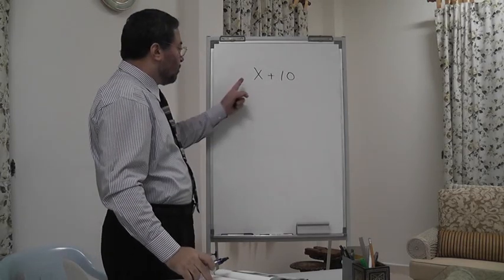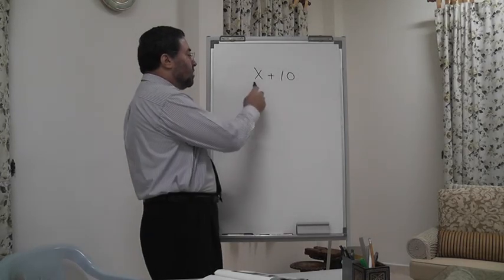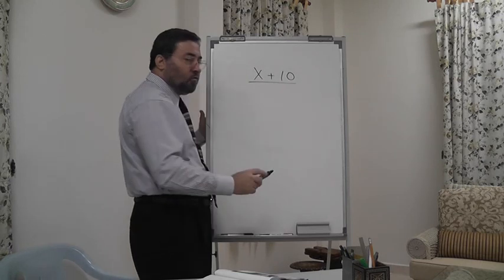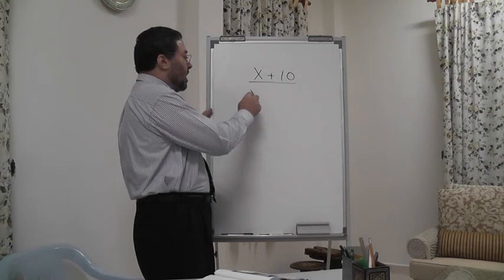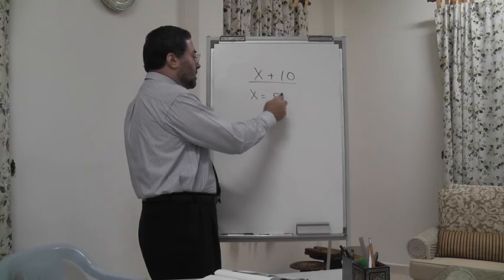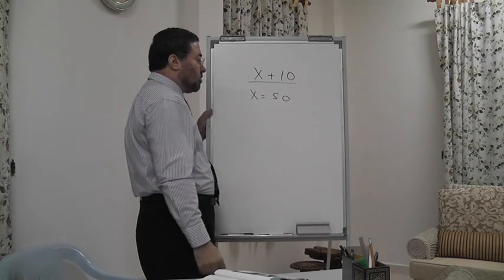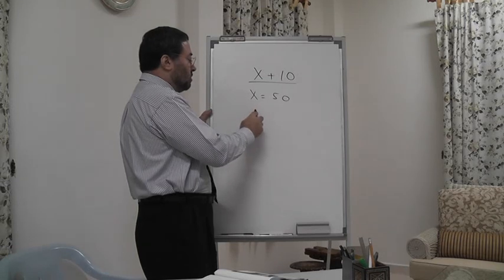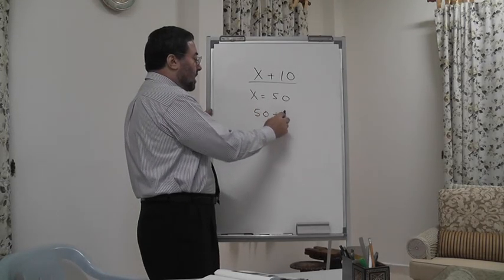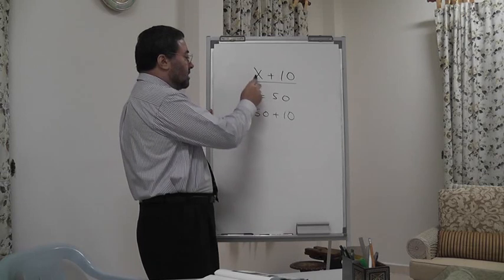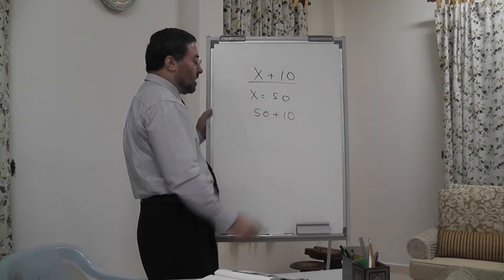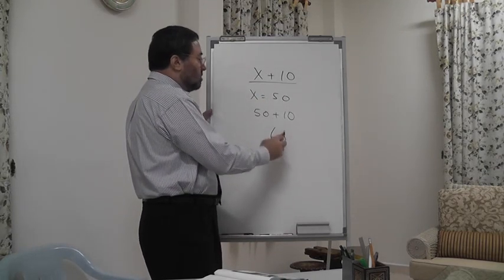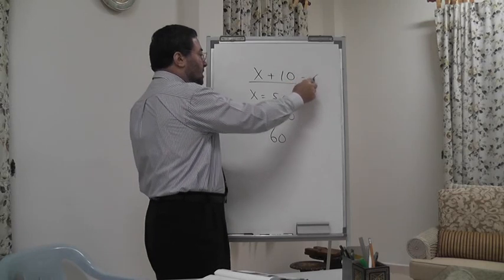If we have a value for this, then we can evaluate this statement for that variable. So if I know that x is equal to 50, I can do an evaluation of this algebraic expression, and my algebraic expression will be 50 plus 10. I simply replace x with its value 50, and this expression now is equal to 60.